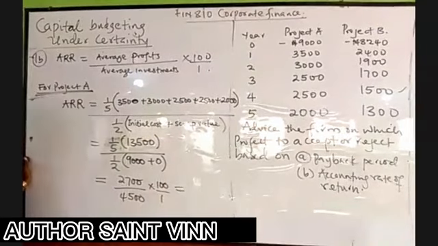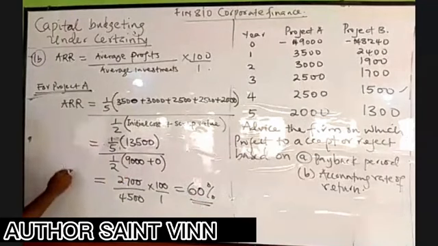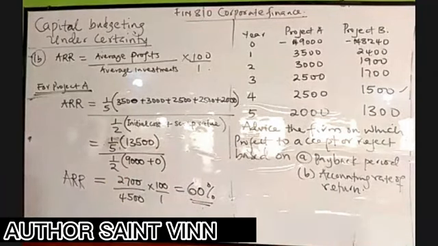Is that 60%? 60%, according to those videos. Those of us here, how far? Is it 60%? Good. So that means the accounting rate of return for project A will give us a 60% return. We believe it's good, but let's check the second one and know which one gives us the highest return. The formula is very clear.